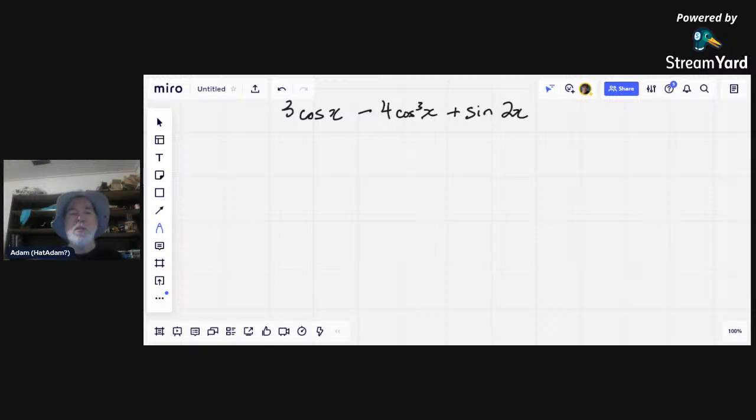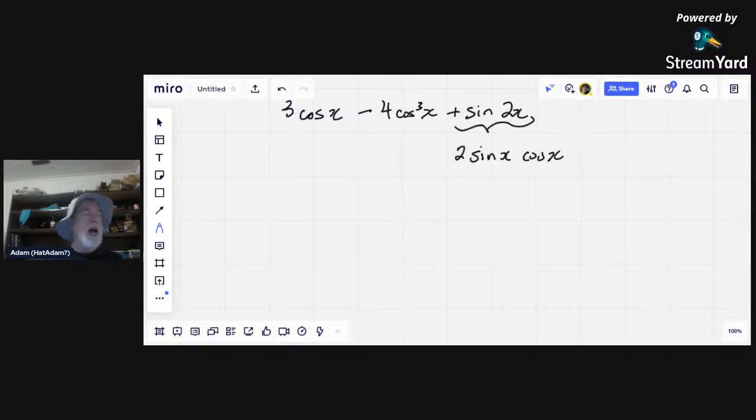We could try switching everything to sine, but why do that when we've got mostly cosines? So let's change that to 2 times the sine of x times the cosine of x.